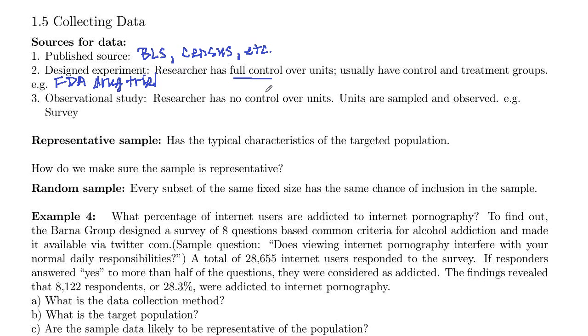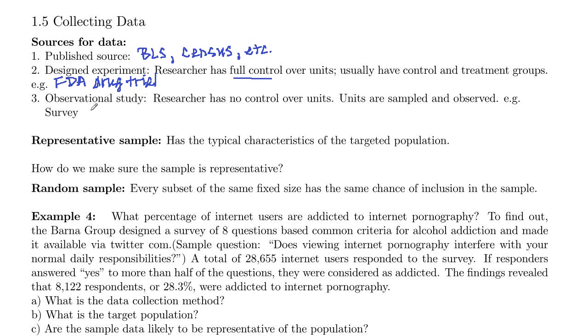In those drug trials, the researchers have full control over what's going on because they want to isolate as many variables from interfering with the results of the experiment. They want to see what is the true effect of the one variable that they are interested in.